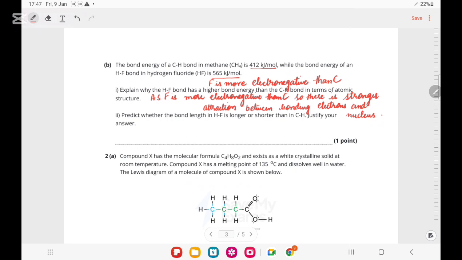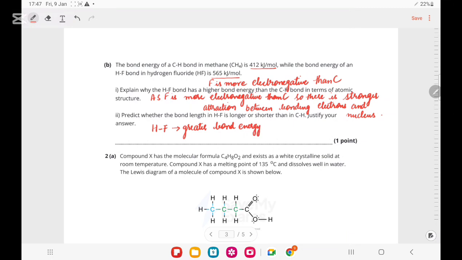Predict whether the bond length in H-F is longer or shorter than C-H. So we know that H-F has the greater bond energy.